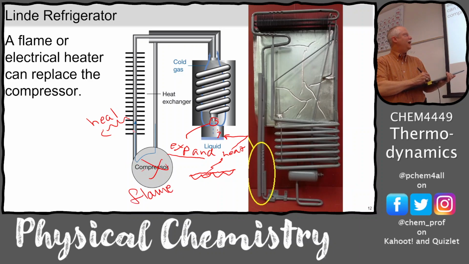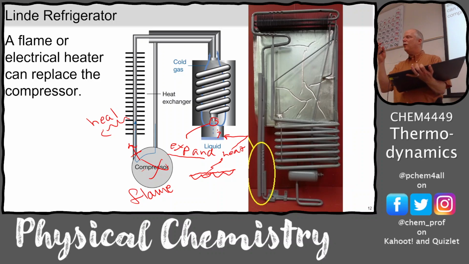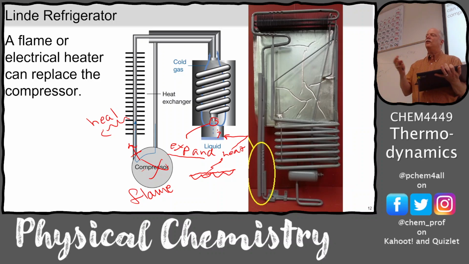And that heats up the gas, and it goes up in here, and so then this gas is heated up here, and you can create pressure with heat, and that gas goes out here and gets rid of its heat. Essentially I'm using a fixed volume and a flame to replace the compressor. It doesn't seem like it would work, but it works.